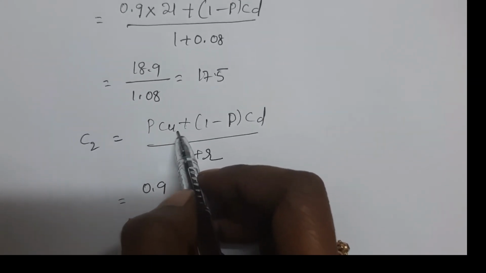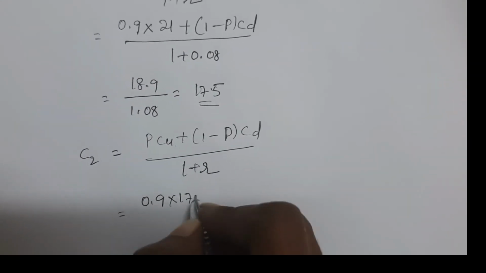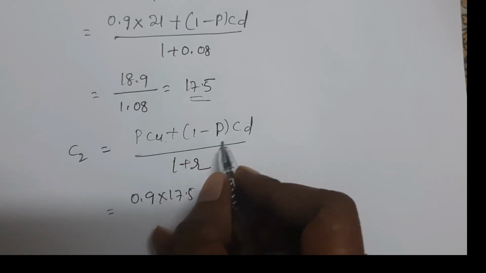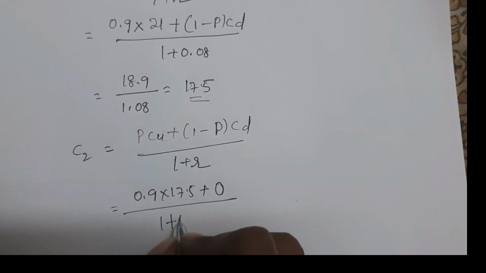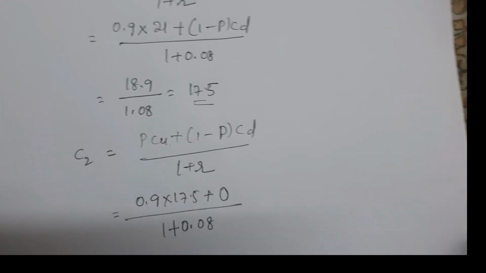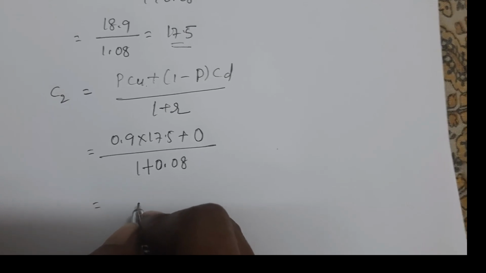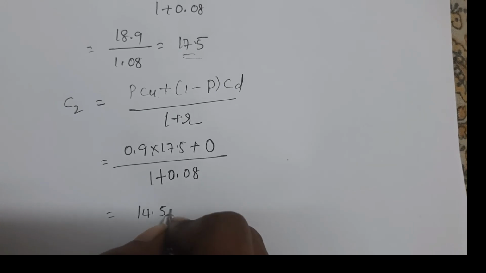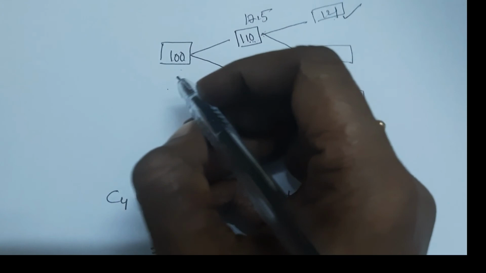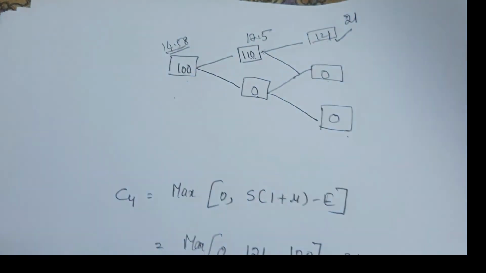Now Cu here will be 17.5, plus this entire part will become 0, divided by 1 plus R, that is 1.08. If we solve this, we will get 14.58, and this is going to be the price of the option contract.